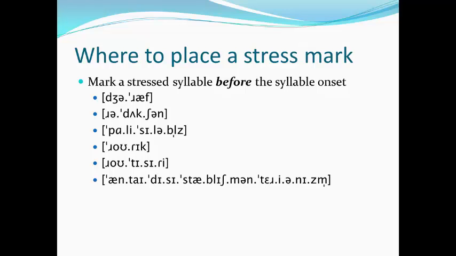Whether there is really stress on that syllable likely depends on how careful or how casual the speaker's production was. Generally, in more careful styles of speaking, there are more stressed syllables. That's part of what makes it more careful. And as you might expect, more casual speech often has fewer stressed syllables and often more reduced vowels.